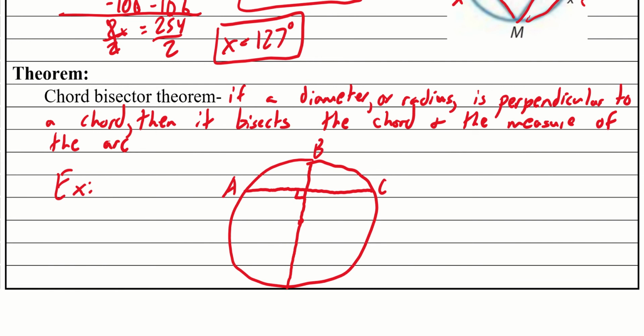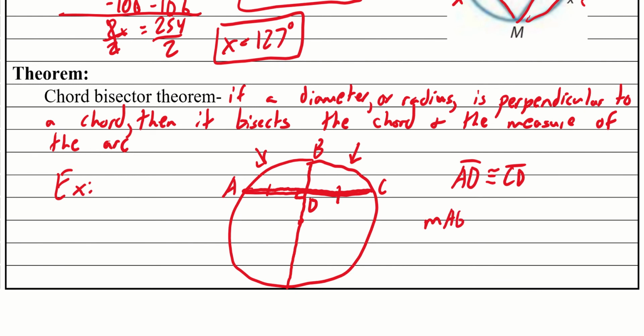And it's saying if this is the case, I know two things. We'll label that D. First off, the chord itself, AC, is being bisected or cut in half. So in other words, these two segments would be congruent. So AD is going to be congruent to CD. That's one thing that I know. And then also the measures of these arcs right here are going to be congruent as well.